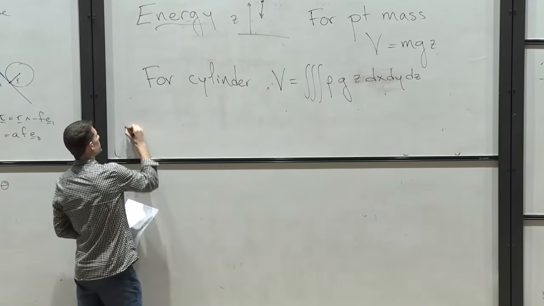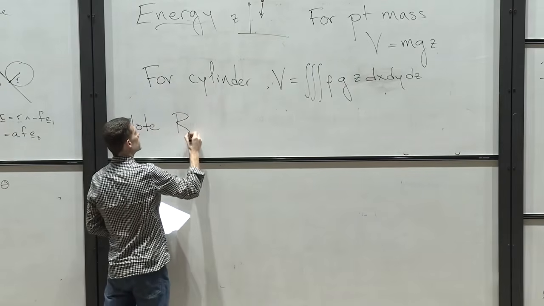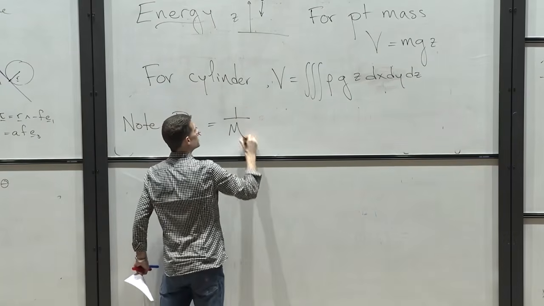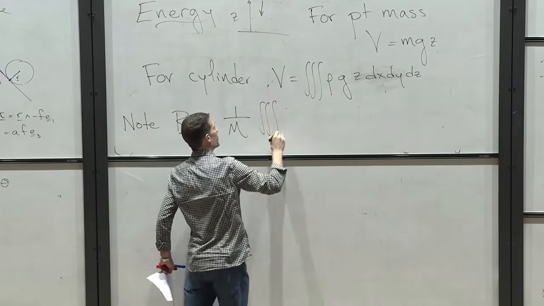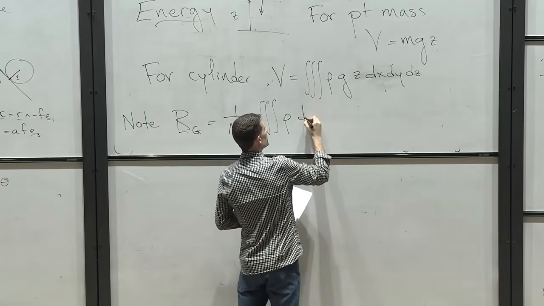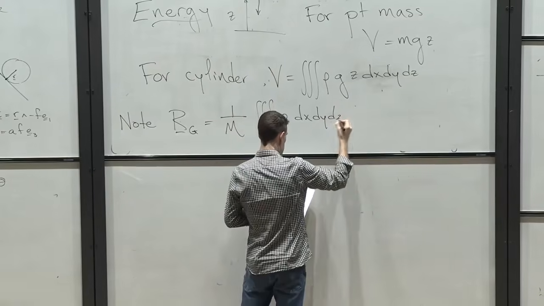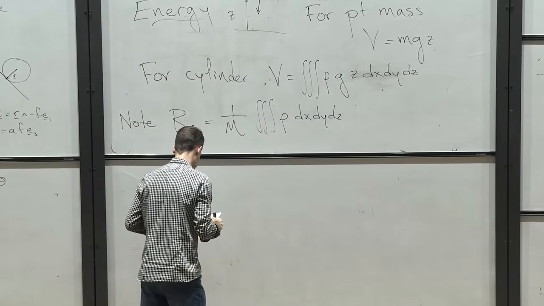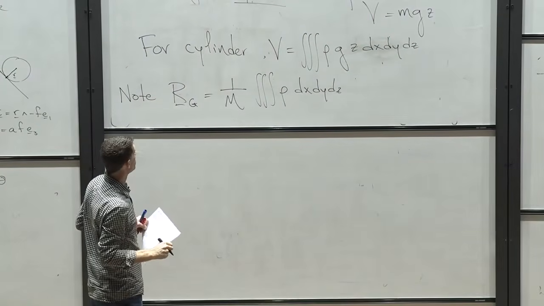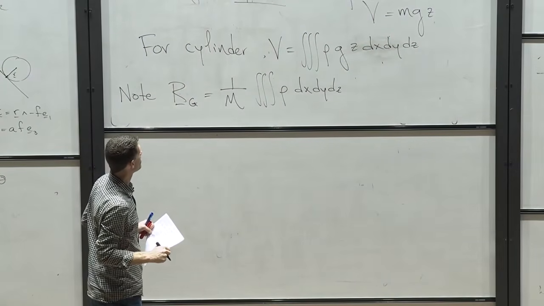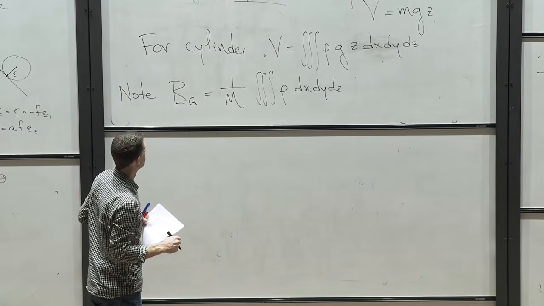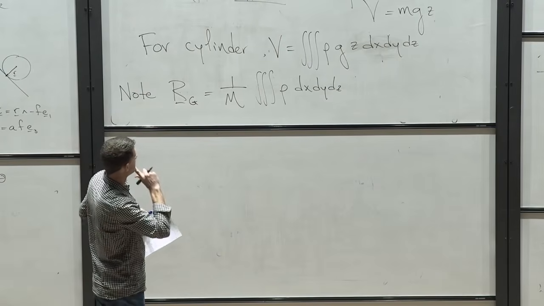Now note that the center of mass is 1 over the total mass times the integral over the body of rho, sorry, that's not right.